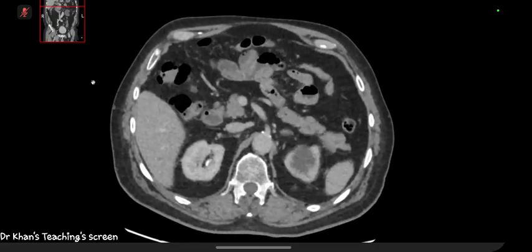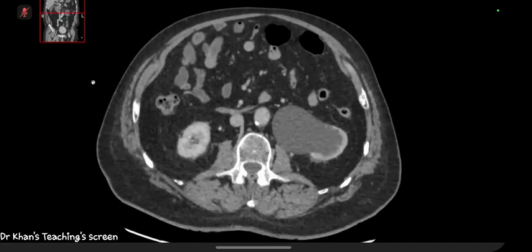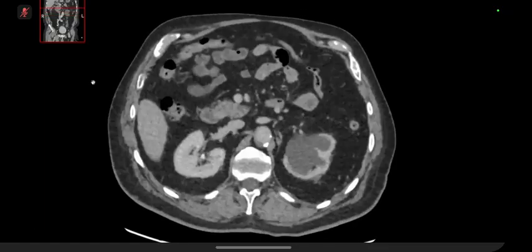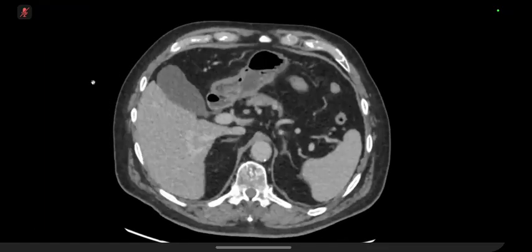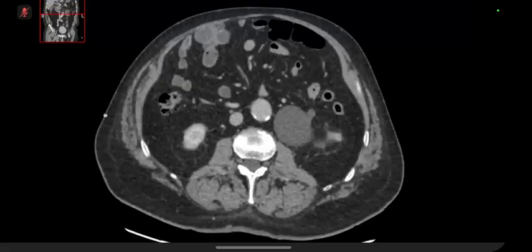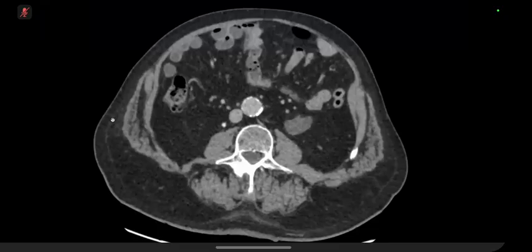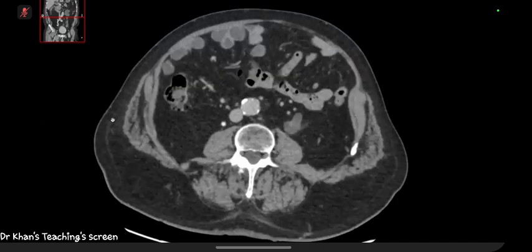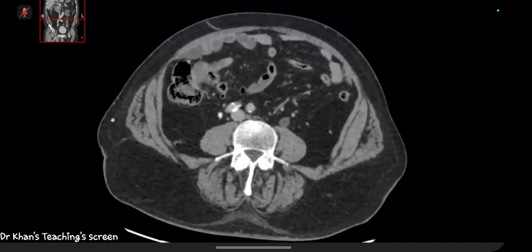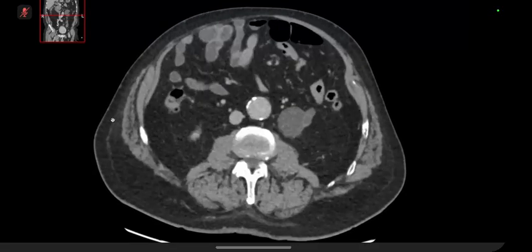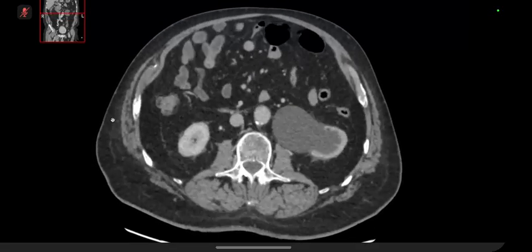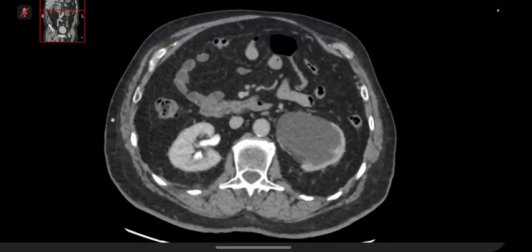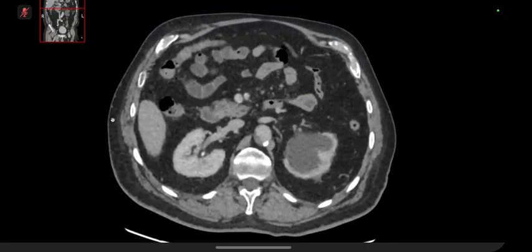So grossly, I think that there is a gross hydronephrotic process on the left side. The cortical enhancement is also suboptimal, and because this is a urogram, the right kidney has shown excretion of the contrast, but there is no contrast excretion on the left side yet. I see that there is some tortuosity of the upper ureter, and also there is cortical thinning on the left side.